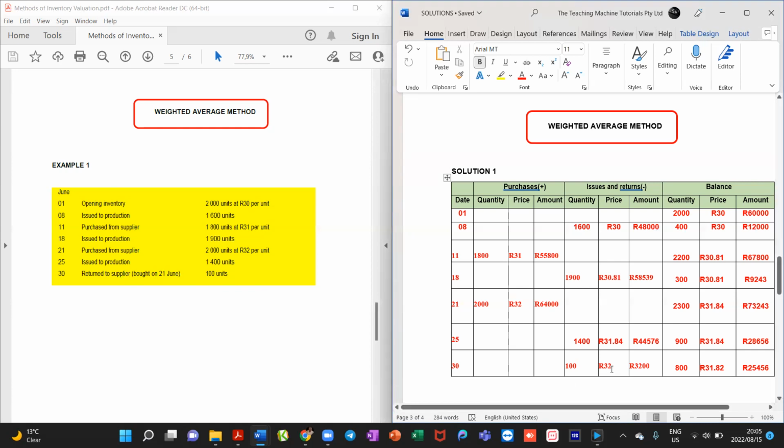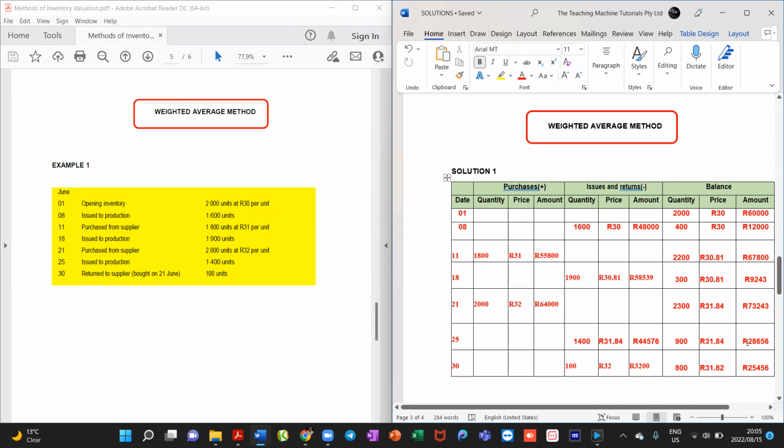We do not know which price to use between the two. How do we do that with the returns to supplier? We minus, because if you are returning stock, your stock will decrease. But if you are buying, your stock will increase.